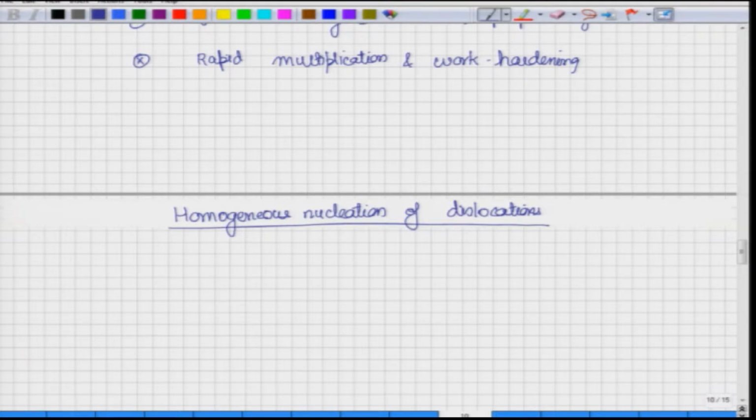So, when the dislocations are created inside a defect free region, that is what we mean by homogeneous nucleation. Just like nucleation of a particular phase or like solidification, where solids form inside the liquid, and when it is forming uniformly, homogeneously all across, not because of any defect region, but throughout in the defect free region, that is called homogeneous nucleation.